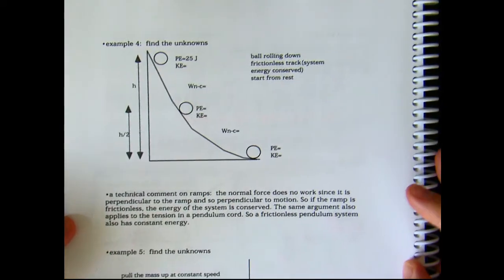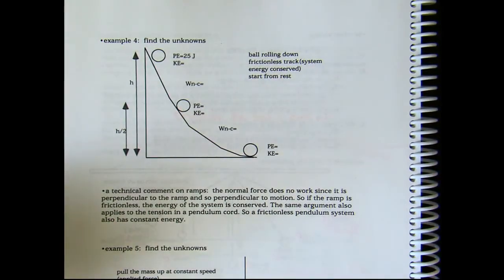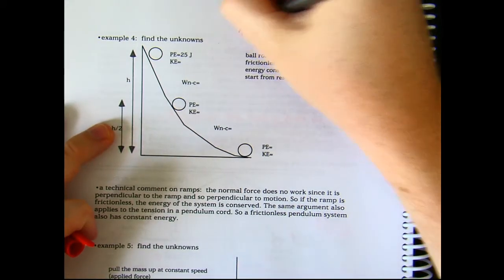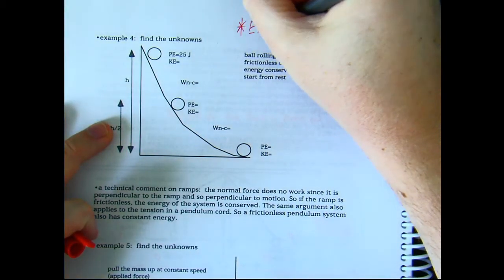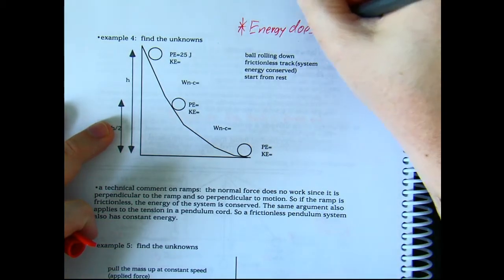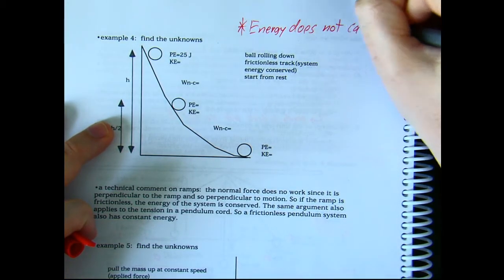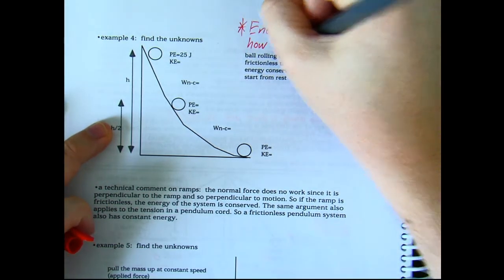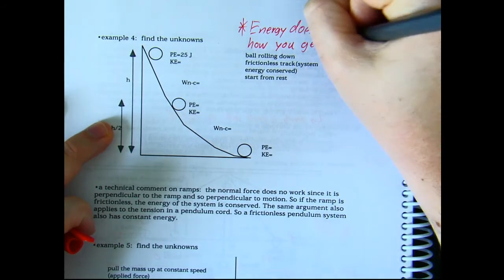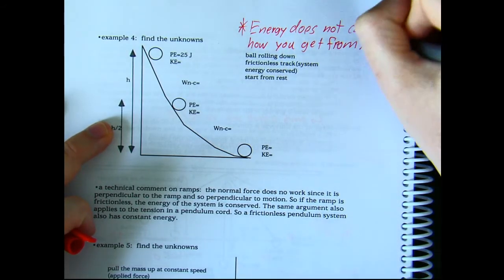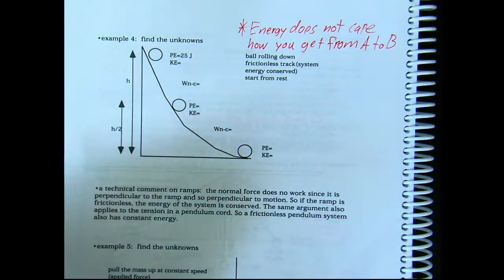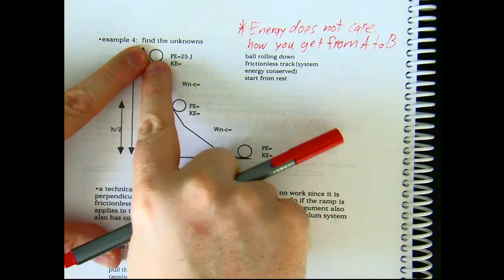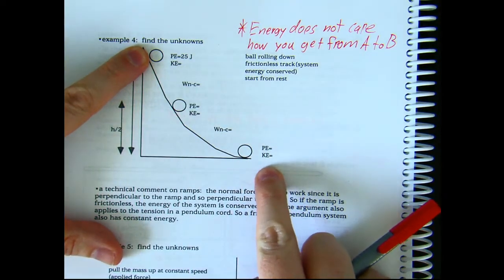Same idea, except instead of a pendulum, we're going to look at a ball rolling down the hill. One thing to note here that's important is energy is path independent. Energy does not care how you get from point A to point B. So here we are at point A, here we are at point B. The idea that this is sloped ultimately doesn't matter when we're dealing with potential energies.